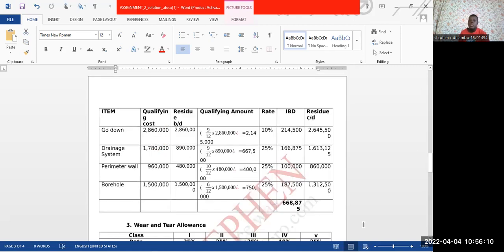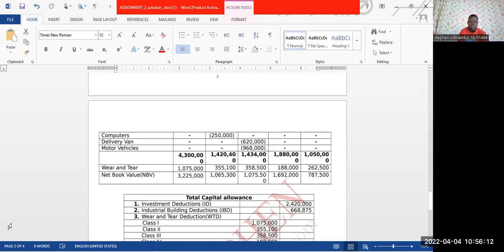So for that case, you're supposed to take 25% of that, and if you have a calculator, just confirm: 4,300,000 times 25%, you will be getting 1,075,000. And you continue with all this. It is only here you are supposed to be getting 10%. And for that case, a good example for you to know how we are getting wear and tear allowances, you take 1,880,000.